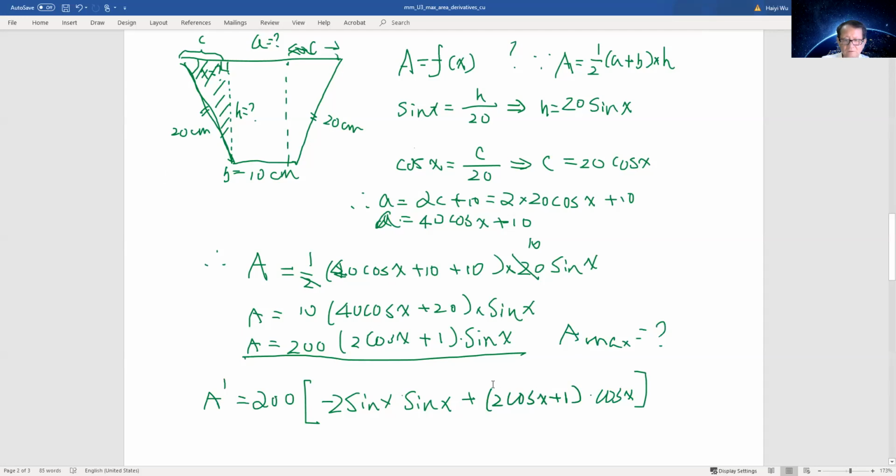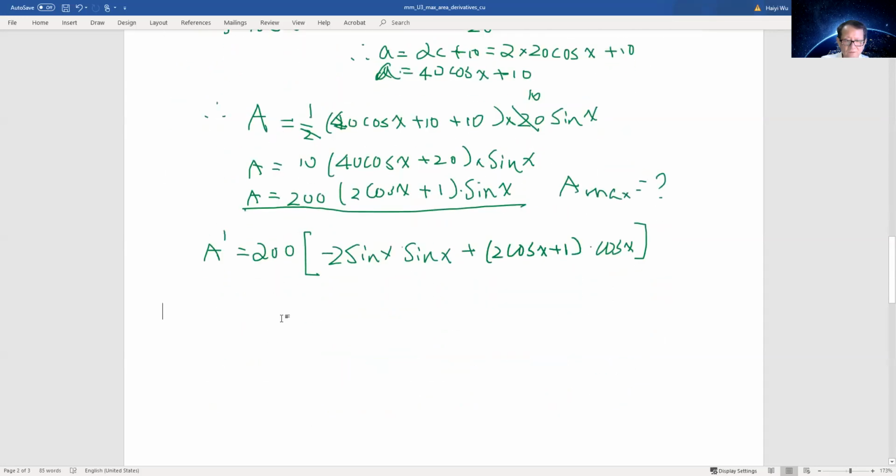We will keep going to simplify. It will be 200 times (negative 2 sine squared x plus 2 cos squared x plus cos x).